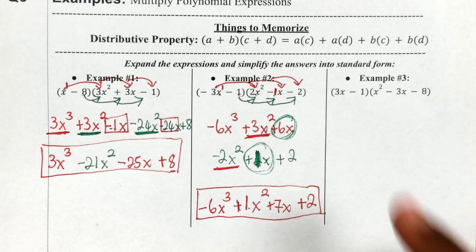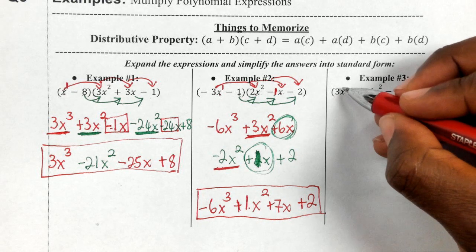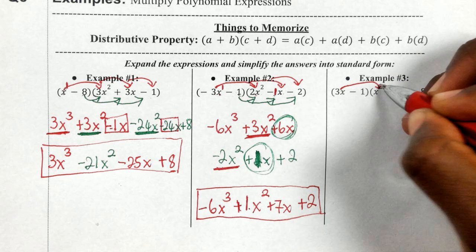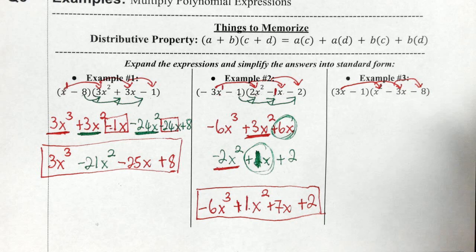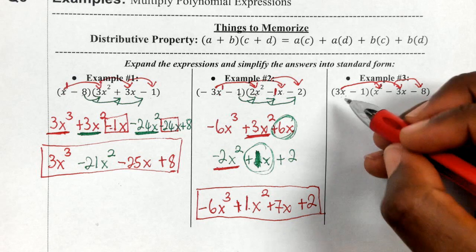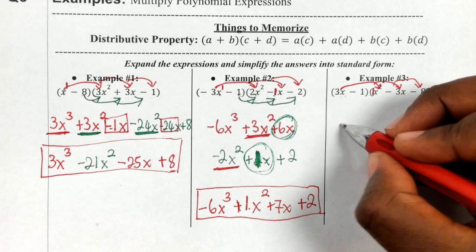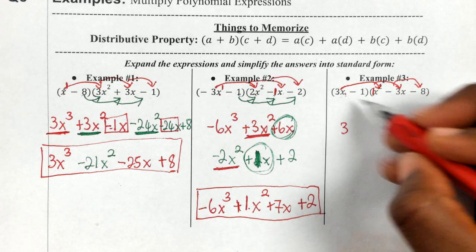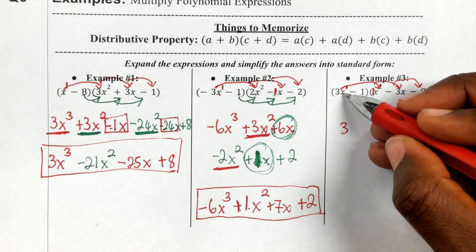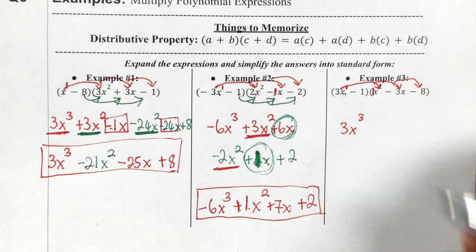Alright? So let's do the last one. So again, we're going to go ahead and distribute, which means I'm going to multiply 3x by each of these terms. Okay? So 3x multiplied by x squared. So again, technically in front of here is a positive 1. 3 times 1 is 3. X is the same as x to the first power. X times x squared gives me x to the third power.